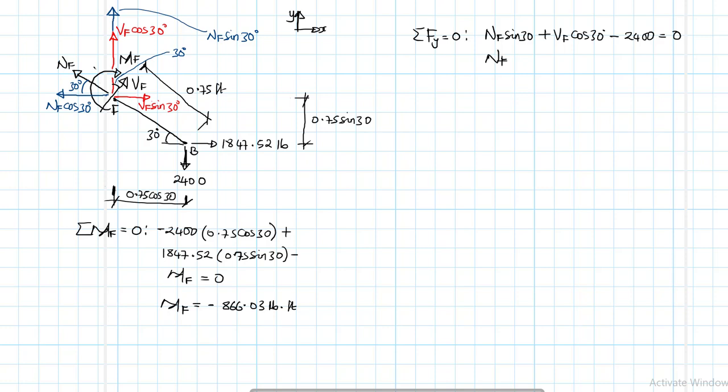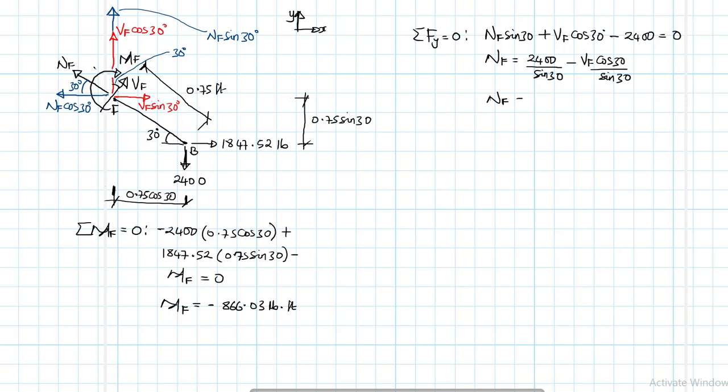So let's make NF the subject of the formula. NF is going to be equal to 2400 divided by sine 30, and then minus VF cos 30 divided by sine 30. Right, so we have this.